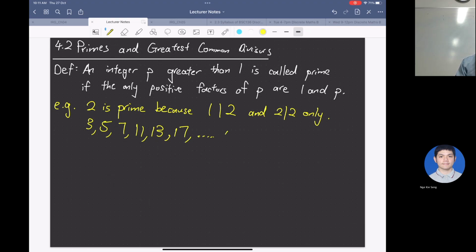Okay, so these are prime. For those that are not prime, we'll call it a composite. So P in Z greater than 1, which is prime.